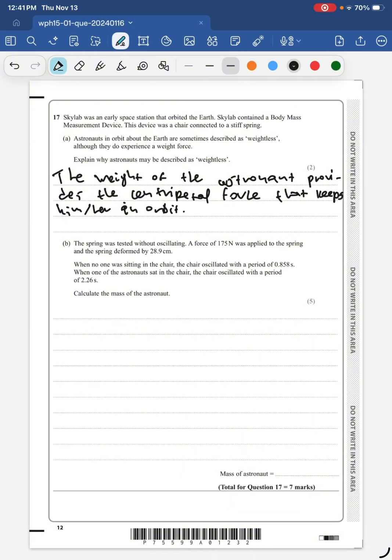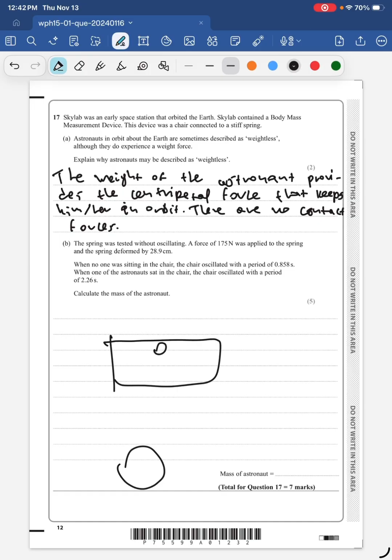Okay, but there are no contact forces. What we experience as weight is actually the contact force from wherever we are. So there are no contact forces. To visualize it, I'm going to erase it later. So this is the Earth, and you are here in the space station, okay?